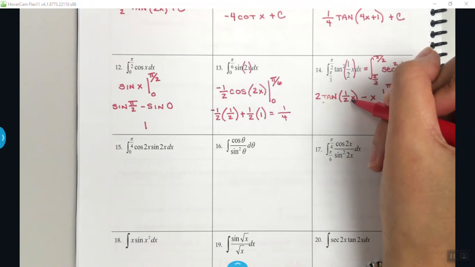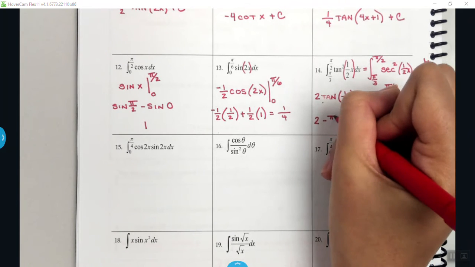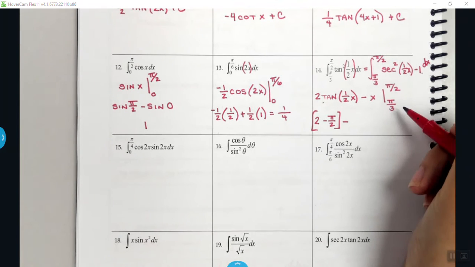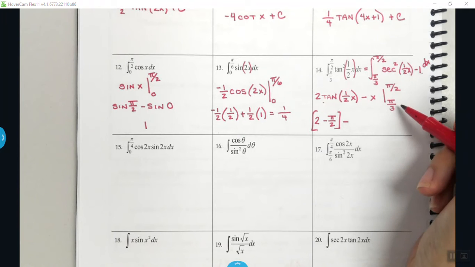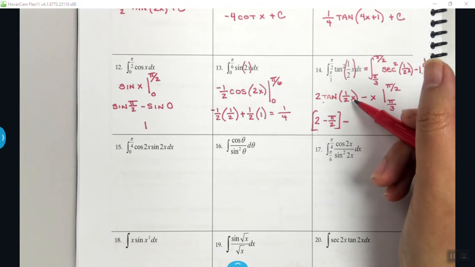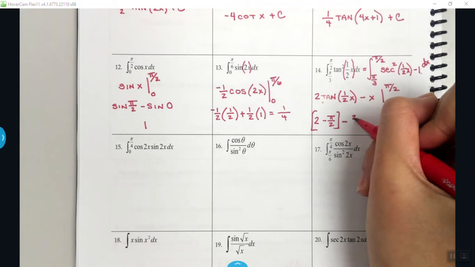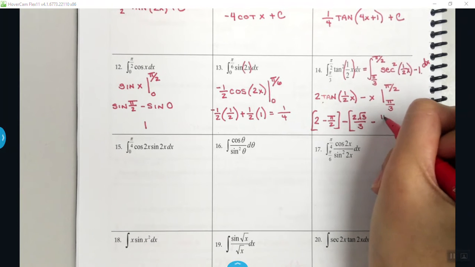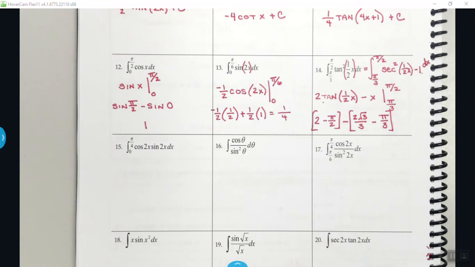So 2 tangent of pi over 4, so that's just 2, minus pi over 2, minus tangent of pi over 6, which is root 3 over 3. 2 times root 3 over 3, so 2 root 3 over 3, minus pi over 3. Then we'll leave it there because we can't do anything more than that.